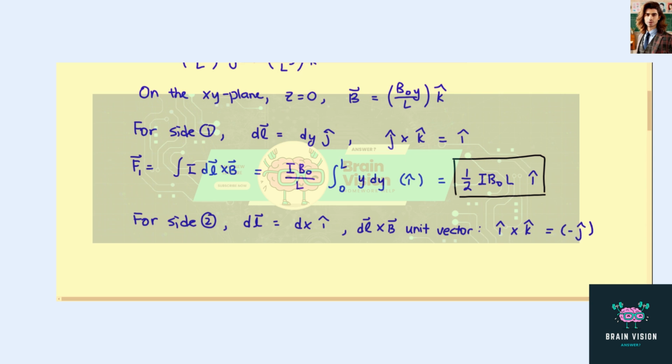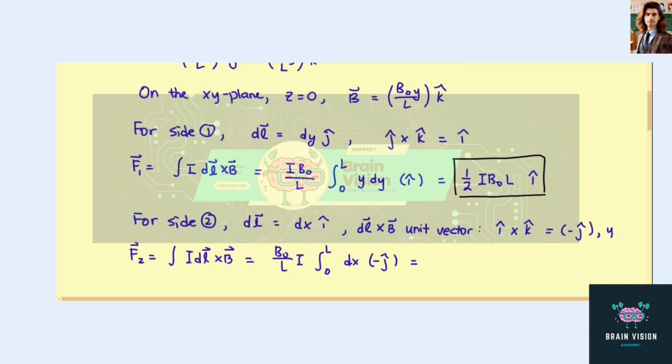Our F2 is the integral of I dl cross B. You can pull out the constants, which should be B naught over L times I. The integration is along dx from 0 to L, in the minus j hat direction.